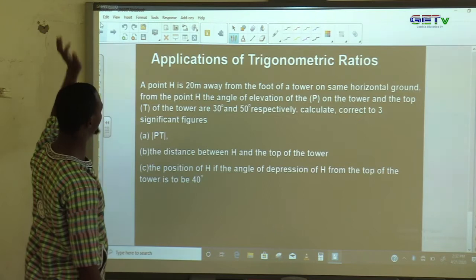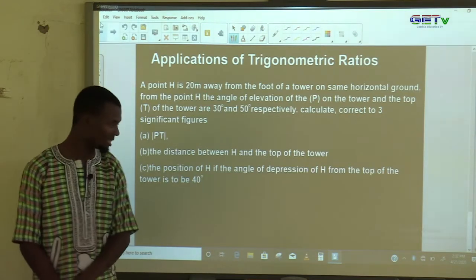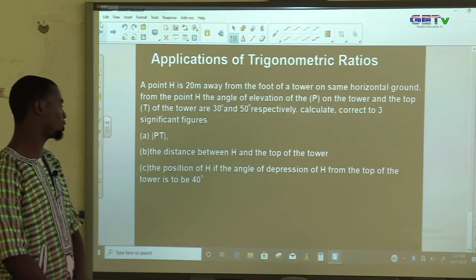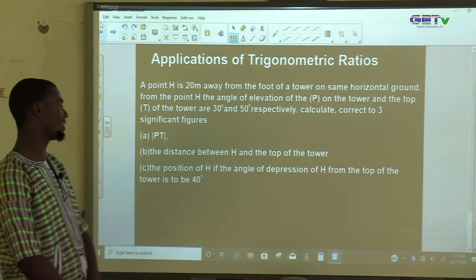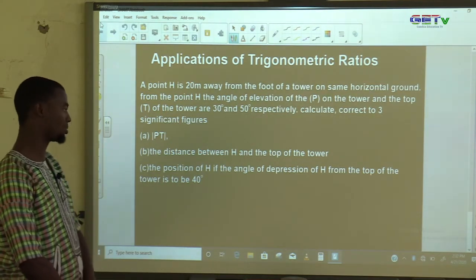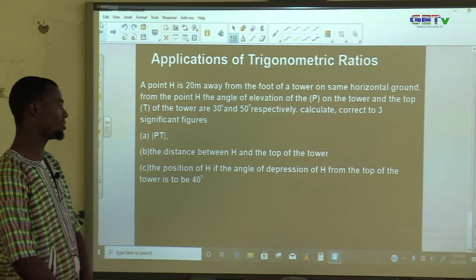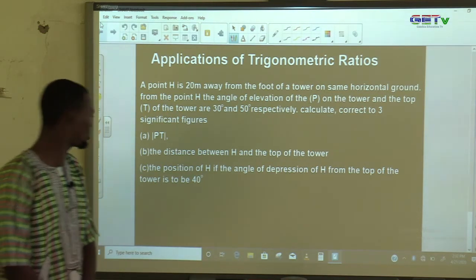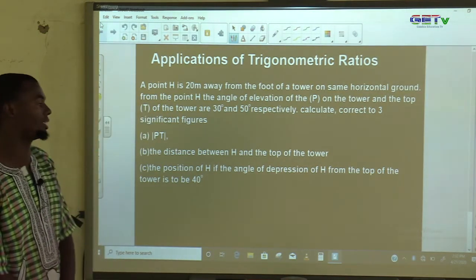Let's look at the last part of the question, C. The position of H if the angle of depression of H from the top of the tower is to be 40 degrees.